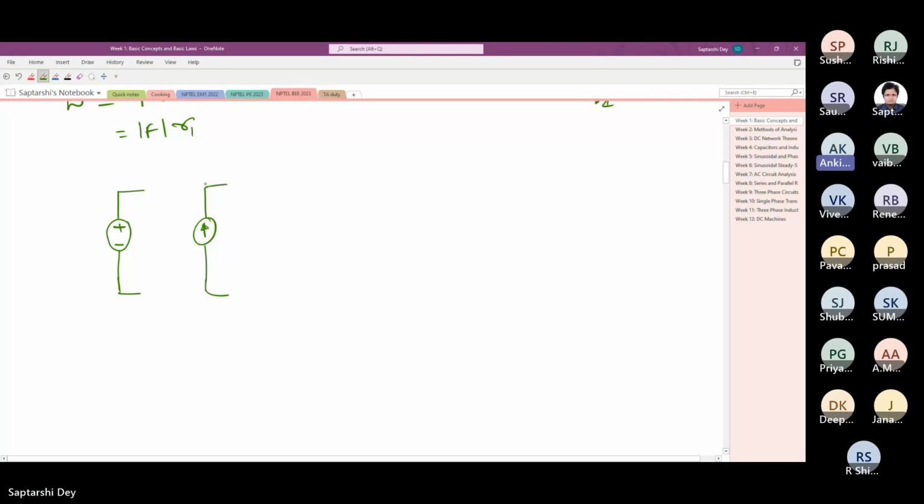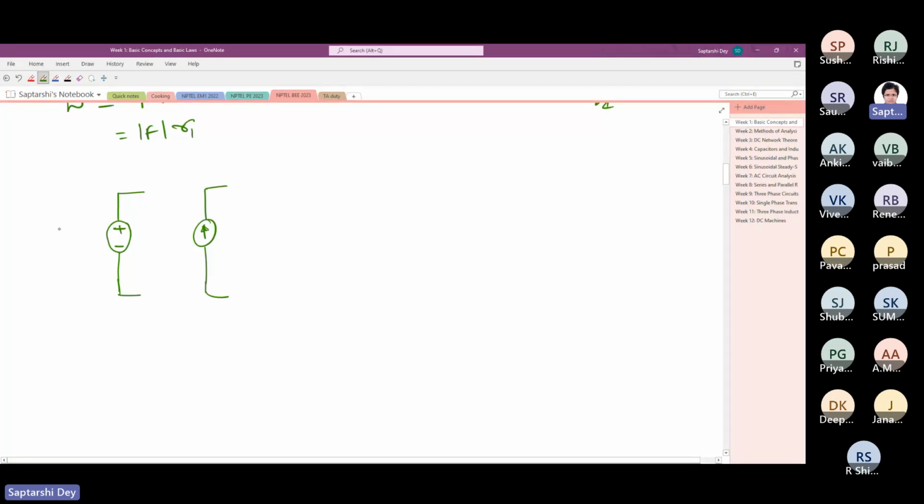Sir, voltage source and a type of source, this frequency is different types. Frequency? No, DC voltage source, let us say. DC voltage source, DC current source.